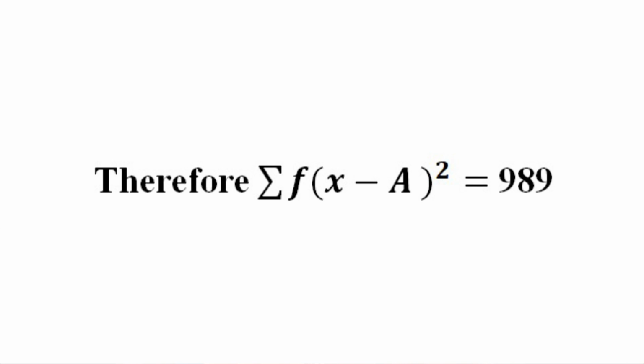Now, the sum of f into x minus arbitrary value square is 989.